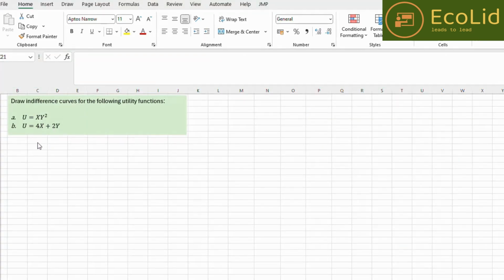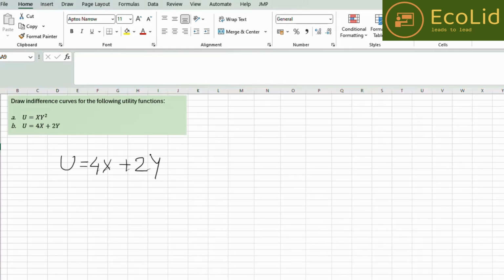Now here is our second problem. In the second problem, our utility function is u equal to 4x plus 2y. Now in this case again we will follow the same rule. We will express this utility in terms of only one commodity. So let us express it in terms of commodity x.